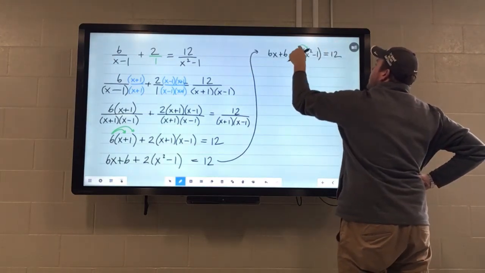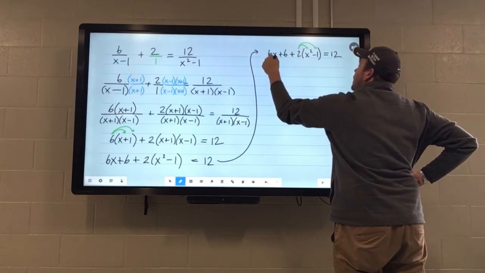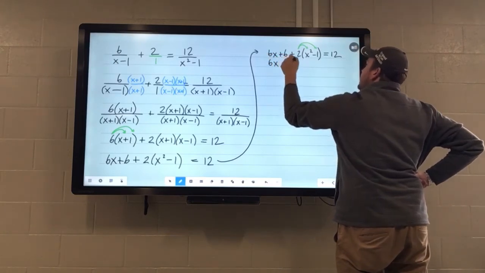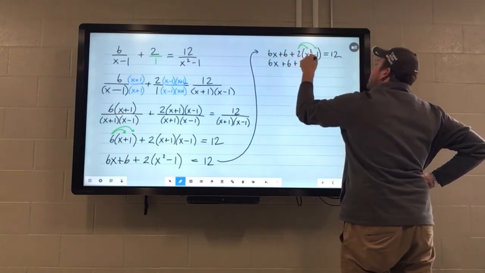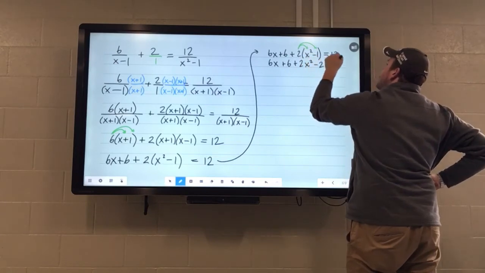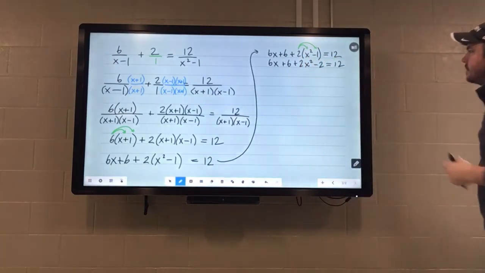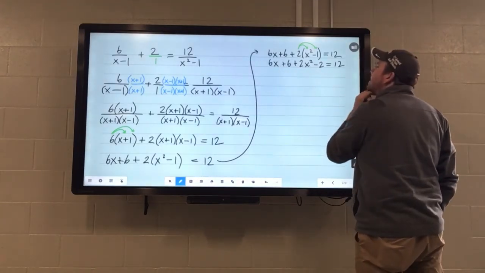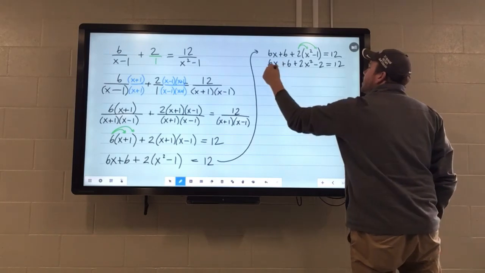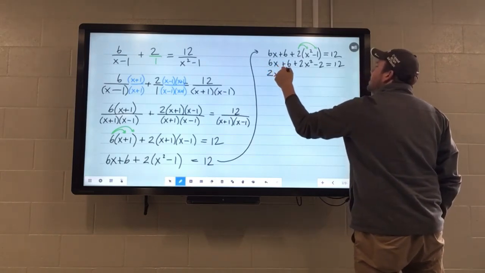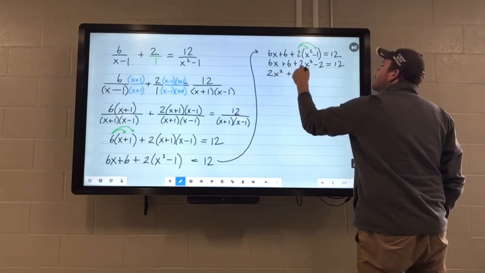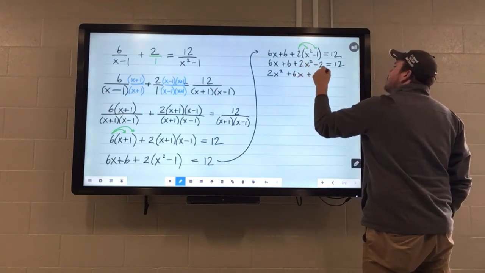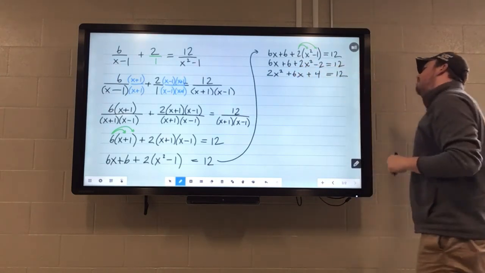Let's distribute the 2. So now we have 6x plus 6 plus 2x squared minus 2 is equal to 12. Let's combine like terms. And I'm going to write this in standard form as well. So how about 2x squared plus 6x plus 4 is equal to 12.